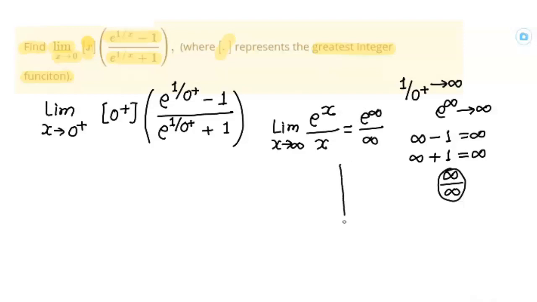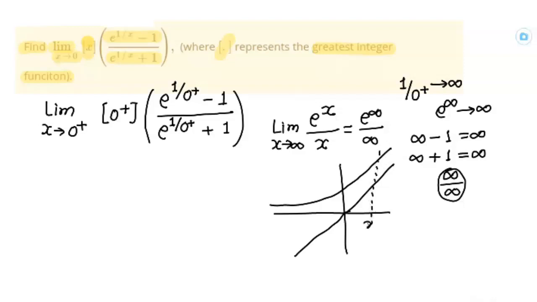How? Draw the graph. This is the graph of y equals x for the denominator function, and this is e to the power x. You can see e to the power x is always above. At any x, like x equals 1, which will be greater? Of course, this point will be greater. So at infinity, this curve is above. It means this infinity will be greater than this infinity.